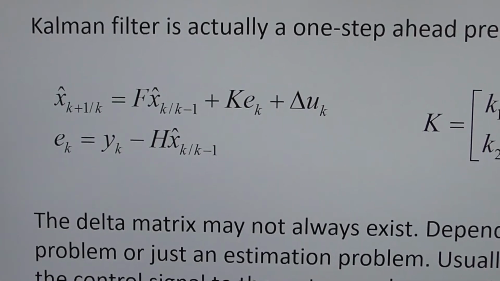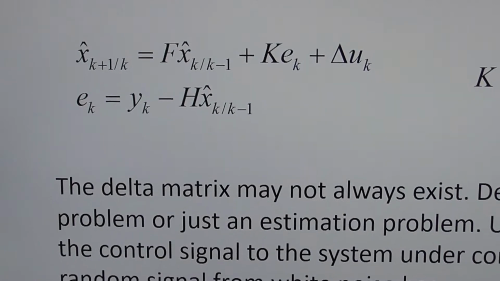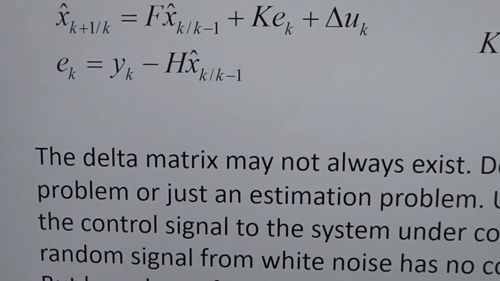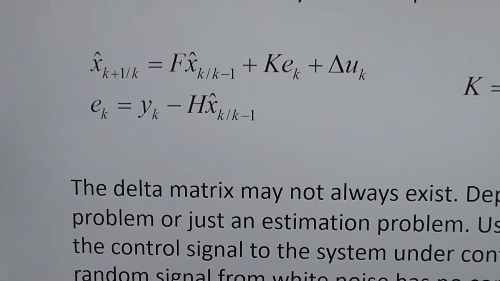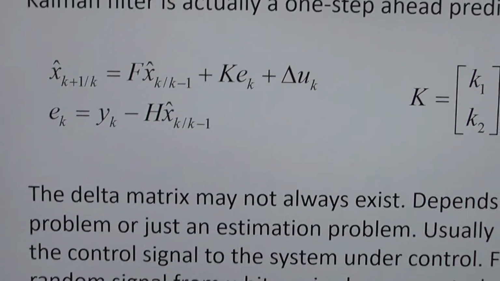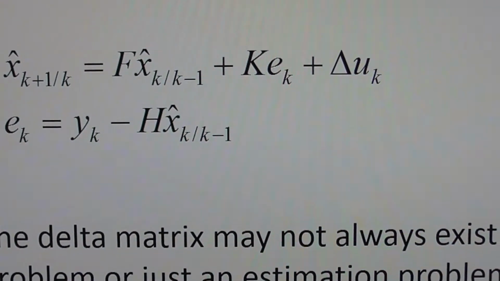In my case it's going to be 0. And then you define an error, y minus H x hat. And if you're wondering what x hat (k given k minus 1) means, that means the estimate of the vector x at time k given information up to time k minus 1.